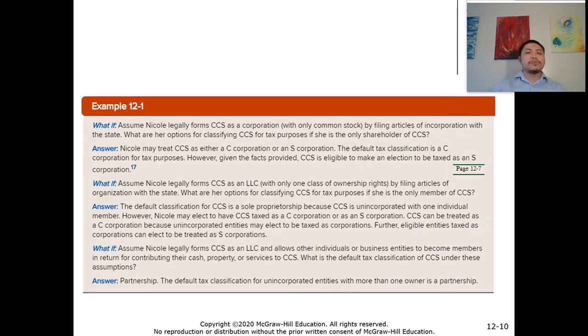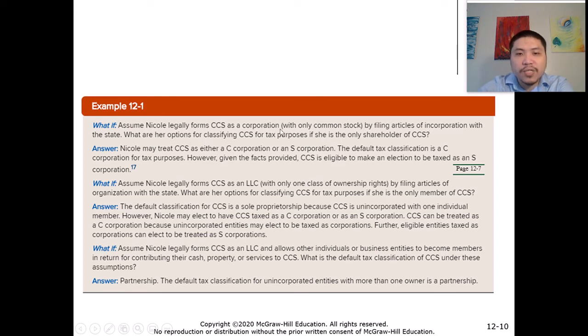So let's go through some scenarios to see how we can classify a business for tax purposes. In the first case, it says, assume Nicole legally forms CCS, which is a company, as a corporation, by filing articles of incorporation with the state. What are her options for classifying CCS for tax purposes if she's the only shareholder of CCS?